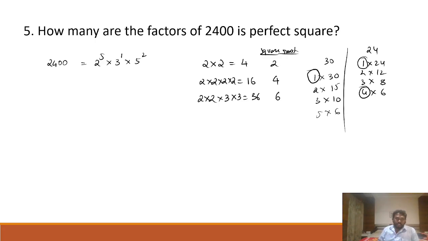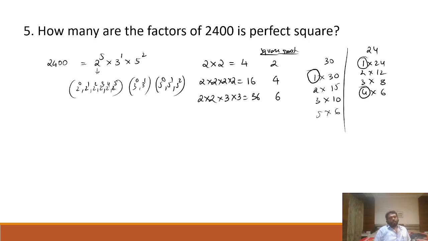Correct? So the same thing, guys: if you observe 2 power 5, that gives 2 power 0, 2 power 1, 2 square, 2 cube, 2 power 4, 2 power 5. 3 power 1 gives 3 power 0, 3 power 1. 5 square gives 5 power 0, 5 power 1, 5 square.